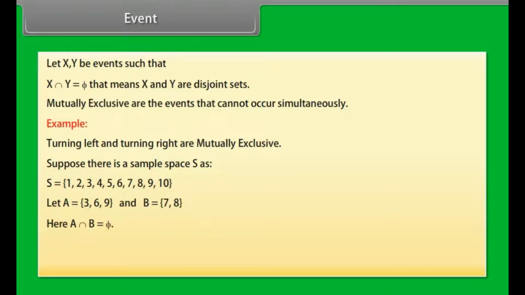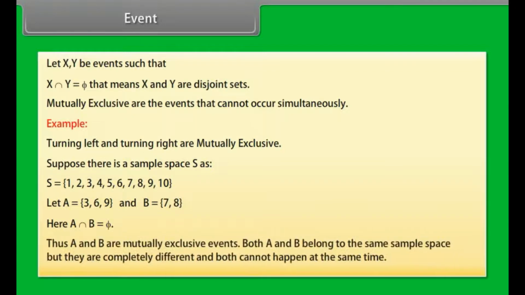Here A intersection B is equal to phi. Thus, A and B are mutually exclusive events. Both A and B belong to the same sample space, but they are completely different and both cannot happen at the same time.